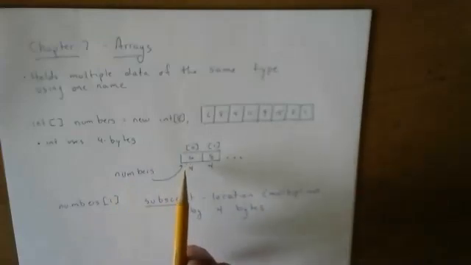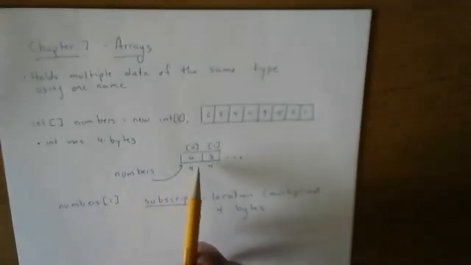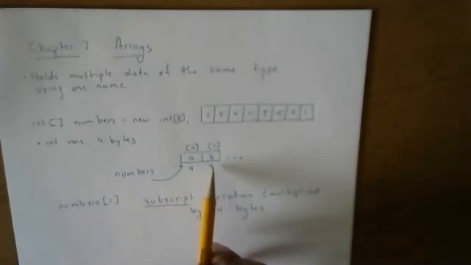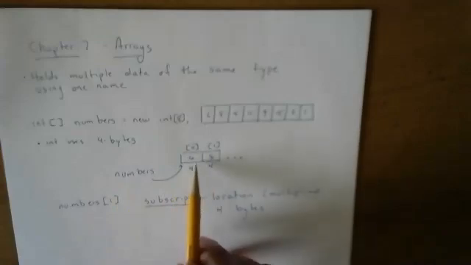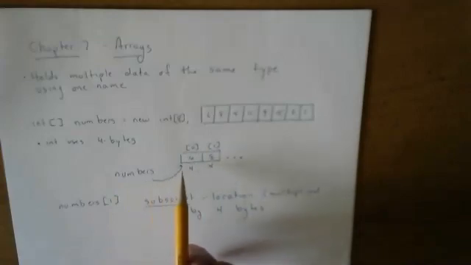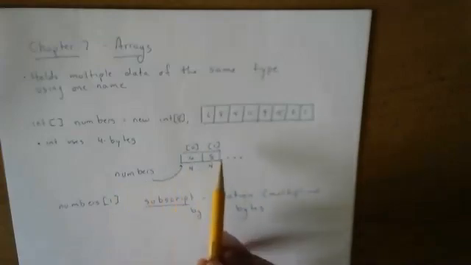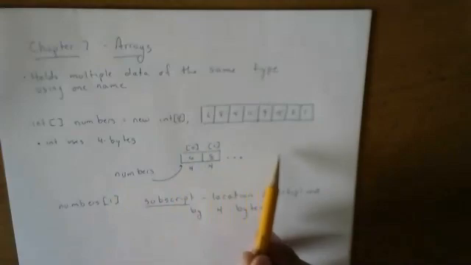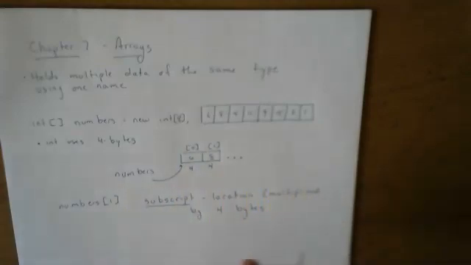That's going to be stored in a block of memory that is 4 bytes. The next number that I want to put in is 8, so that'll move 4 bytes past where numbers' memory location started. And then I would continue to move across and put them in blocks of 4 in consecutive memory locations.